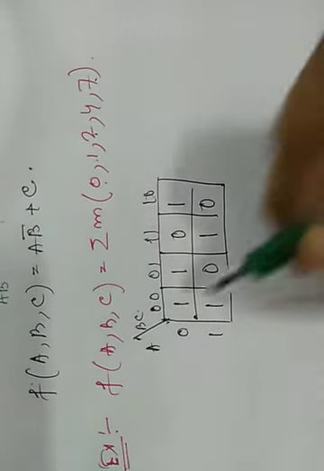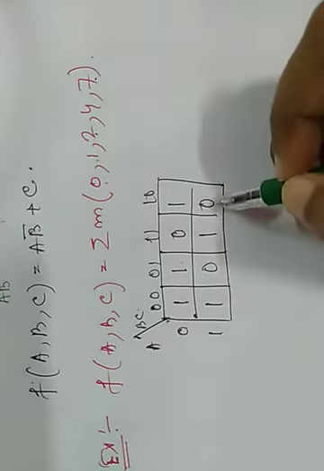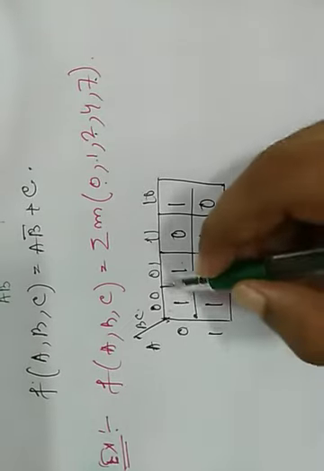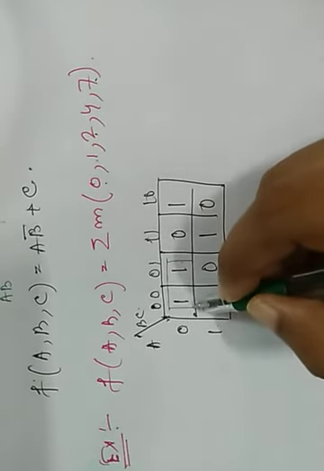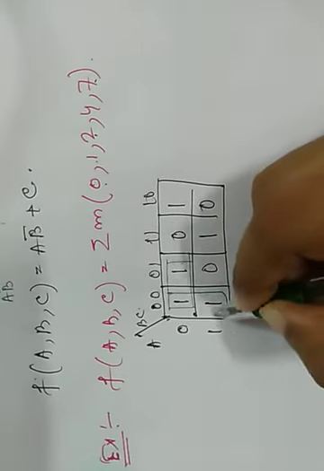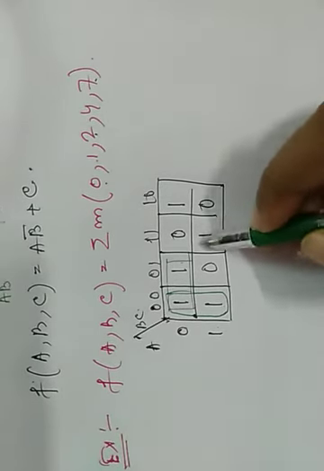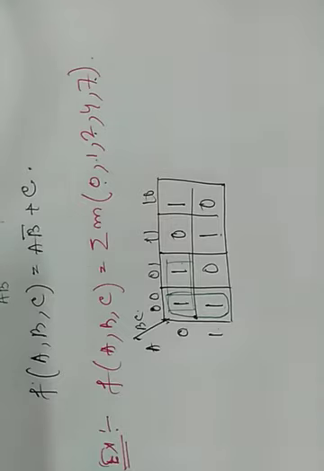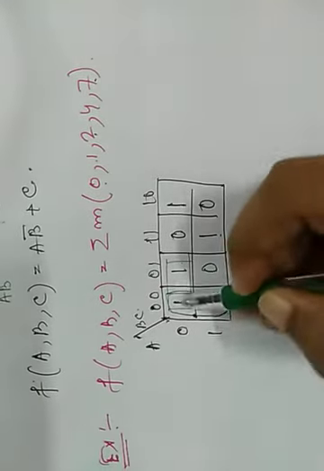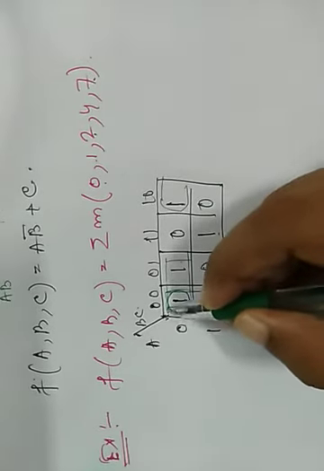Okay, now we have to make combinations. Here we can't make 4 ones in a single circle, leave it. Now we have to take 2 ones, so 1 1 is for this. Here is also a single one, so we have to make another circle. Now this one is single, this one is single. If this is 1 and this is 1, if we combine it this way by rounding it, we can also make a combination of this circle.